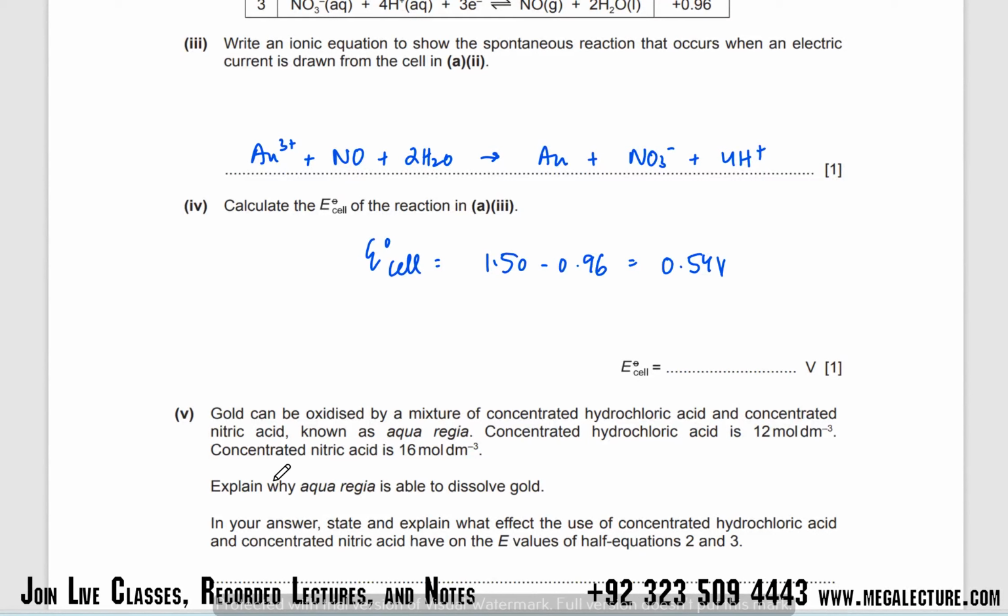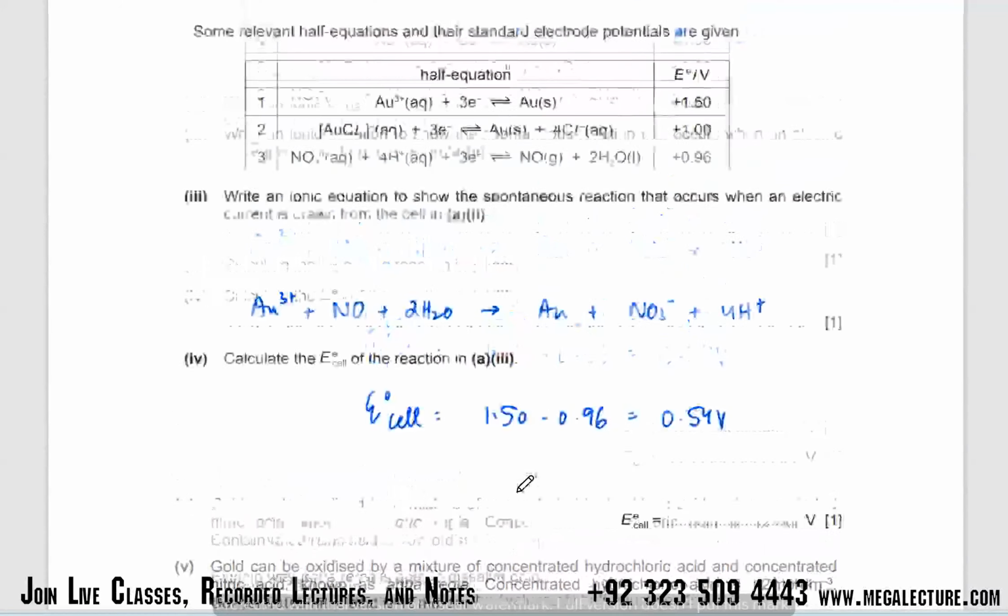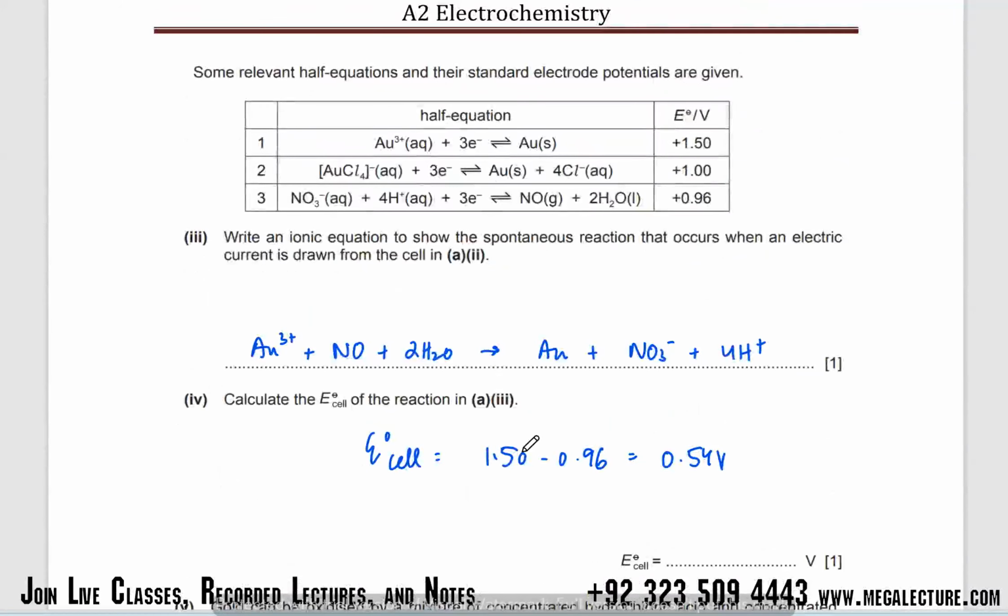So he's saying explain why aqua regia is able to dissolve gold. So you've got to justify that. He's saying that gold dissolves when you have a mixture of HCl and HNO3, and these two happen to be very concentrated.